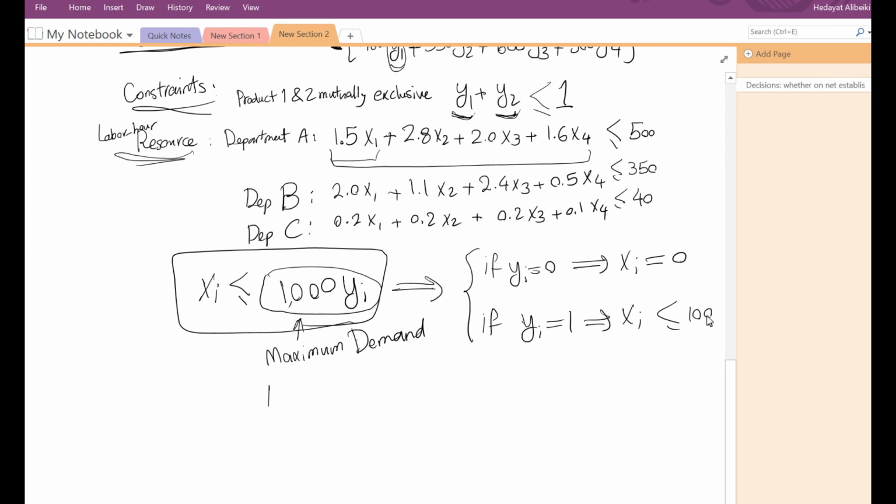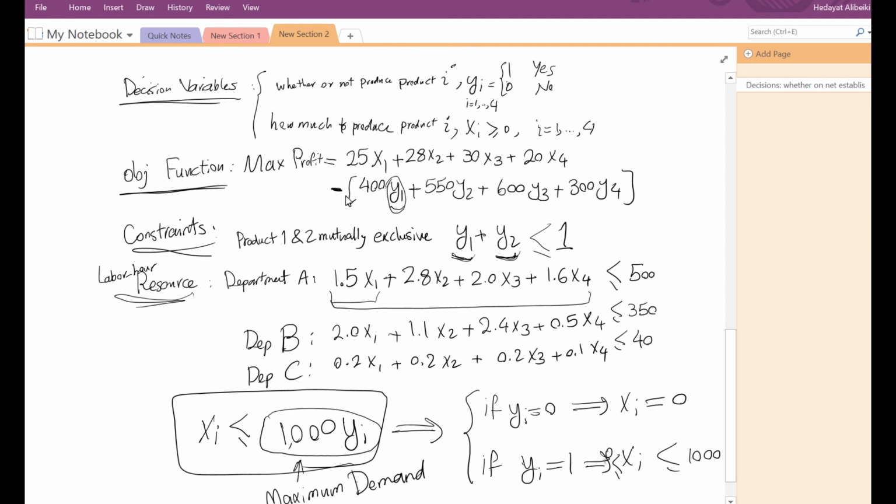If yi is 1, xi can be up to 1000, and we already know that xi are non-negative numbers. Since we have a negative coefficient for the setup cost, if xi is 0, the model will not make yi equal to 1, because otherwise we have to pay a setup cost.